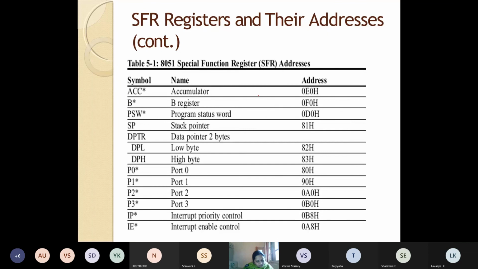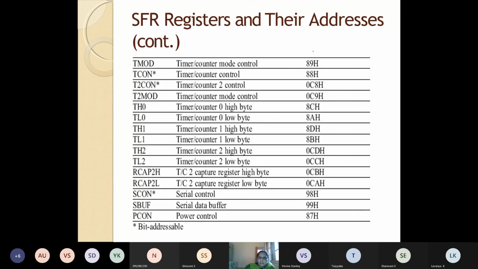What are the different special function registers and their addresses? The accumulator has the address E0, the B register has F0, the PSW register has D0, and the stack pointer has 81. The DPL register has the address 82 and DPH has 83. Port 0 has 80, port 1 has 90, port 2 has A0, port 3 has B0. The interrupt priority control register has B8 and the interrupt enable register has A8. The TMOD register is 89 and the TCON register is 88.